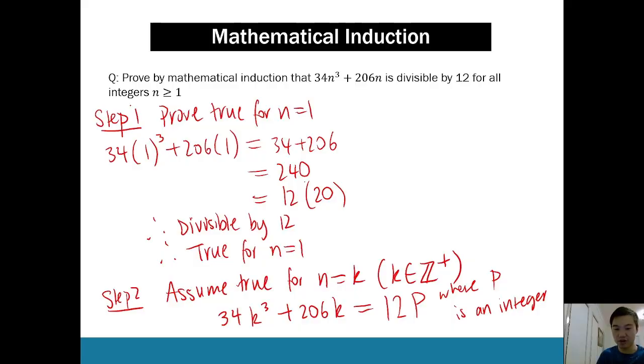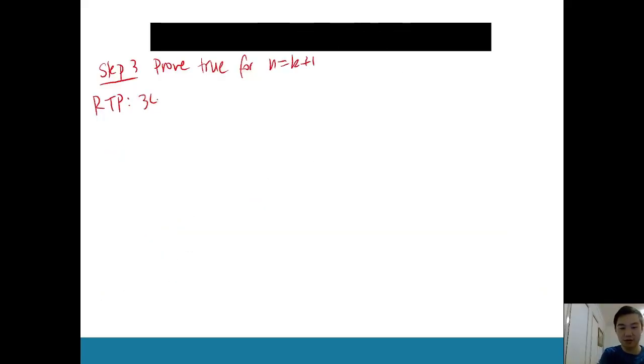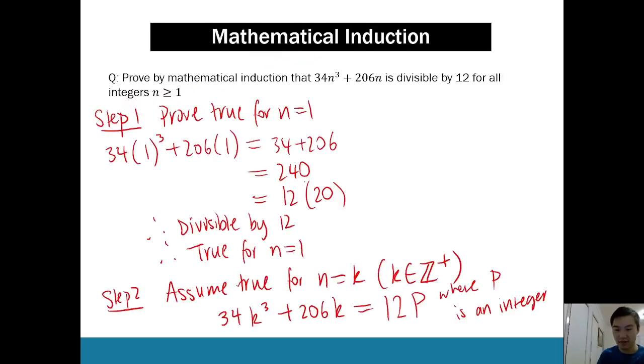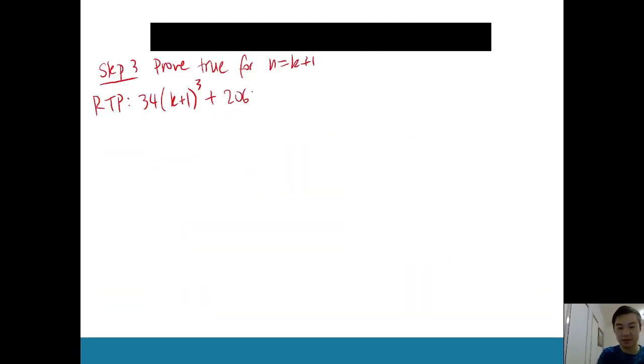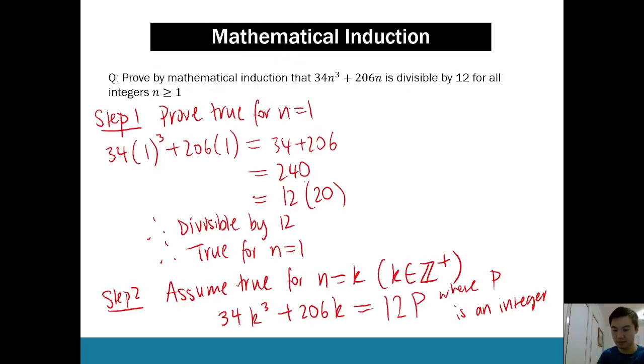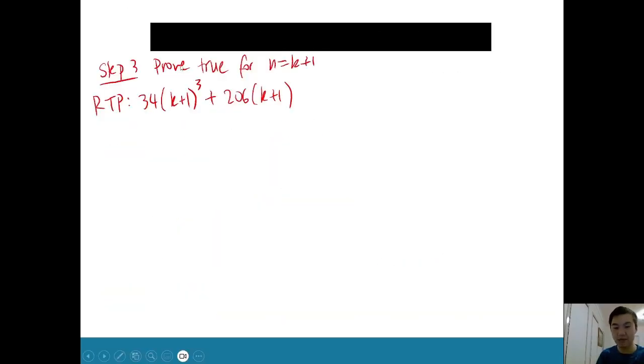My third step is going to be prove true for n equals k plus 1. So here's where I write my required to prove. So what am I trying to prove? I'm trying to show that 34(k plus 1) cubed plus 206(k plus 1) is, and here's what I mean by putting it in brackets, make sure you are careful when you're substituting numbers into n.